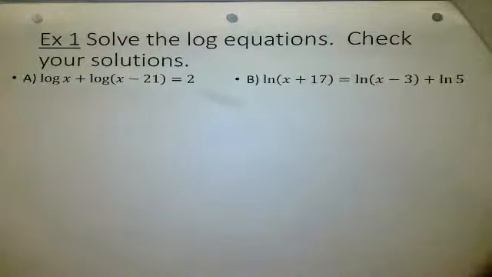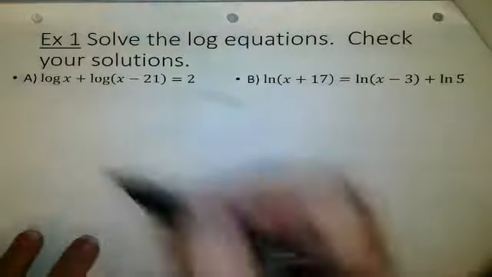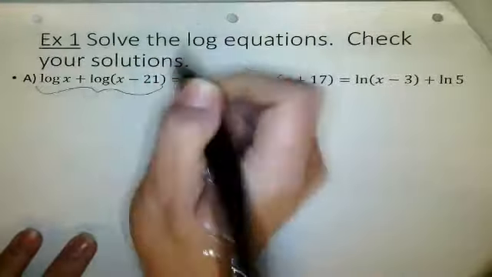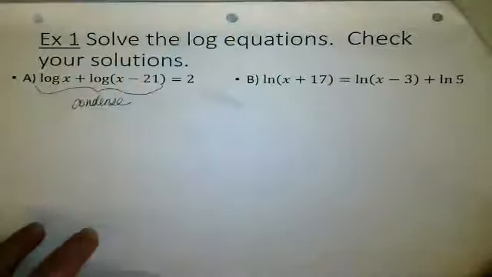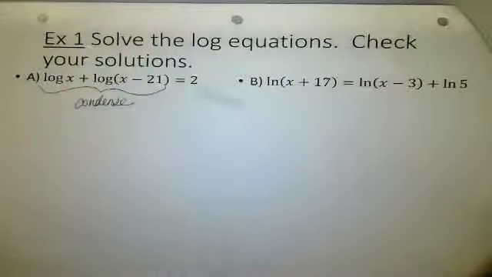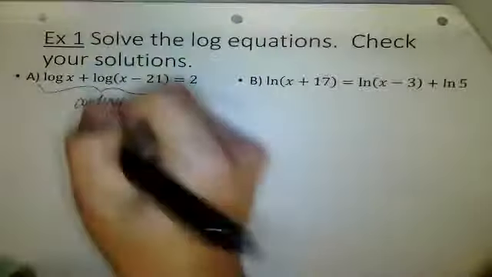No, we can't do that. So you merge them, you condense them. We can only drop a log if it's a single log. Okay, so we need to condense to a single log.